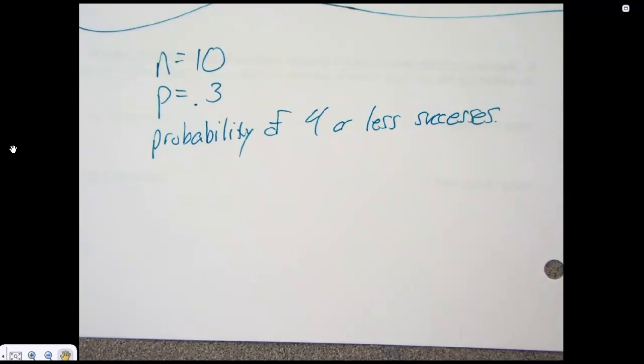One is a lot shorter, but some people get confused by it and don't like it. So you could do that PDF I just showed. You could do PDF with 4, PDF with 3, PDF with 2, PDF with 1, PDF with 0, and add up all of those particular solutions. You know what I'm saying? So 4 means 4 or less.